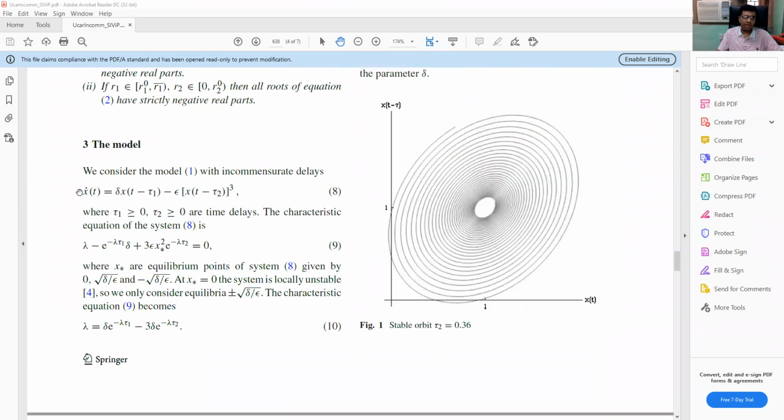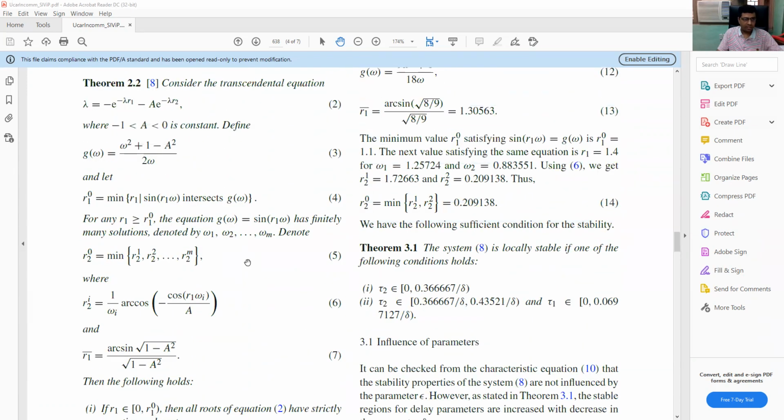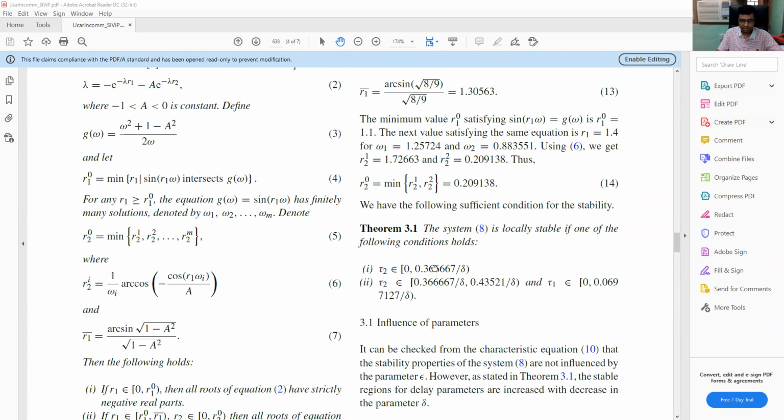So the model under consideration is this one: x dot of t equal to delta x of t minus tau 1 minus epsilon x of t minus tau 2 raised to 3. Analyzing such systems is not simple. There are certain results in the literature for the two delay case.